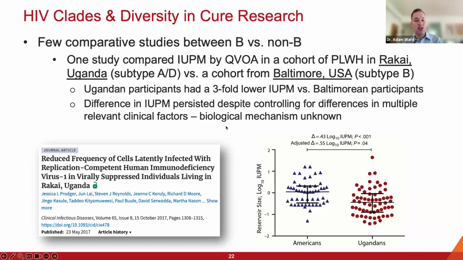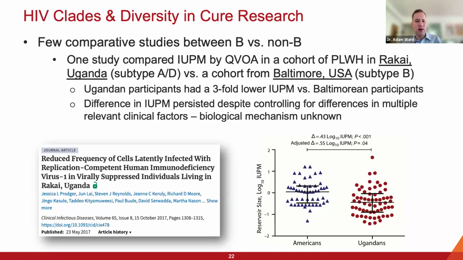One limitation to this study was that it was cross-sectional in nature. It wasn't longitudinal. So this prevented the researchers from knowing whether the diminished reservoir size in Ugandans was due to diminished reservoir formation early in the course of therapy or at the timing of antiretroviral therapy initiation, or whether it was due to an accelerated decay in the reservoir over time on therapy.